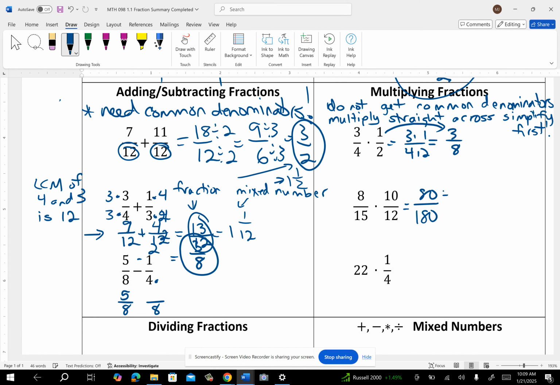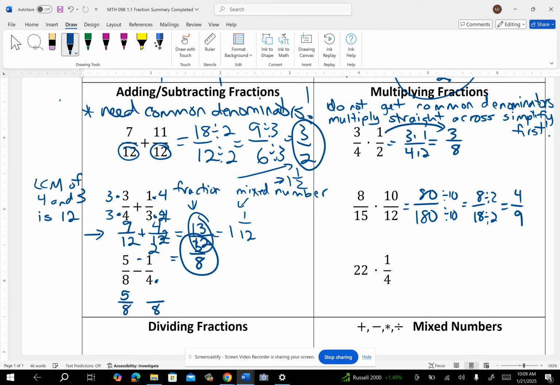For instance, I know both of these are divisible by 10. And then 8 is divisible by 2. So is 18. And so I'd finally get 4/9. So I can do that. That works okay.